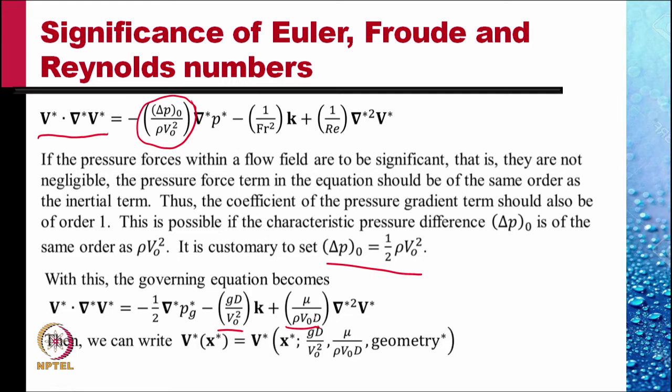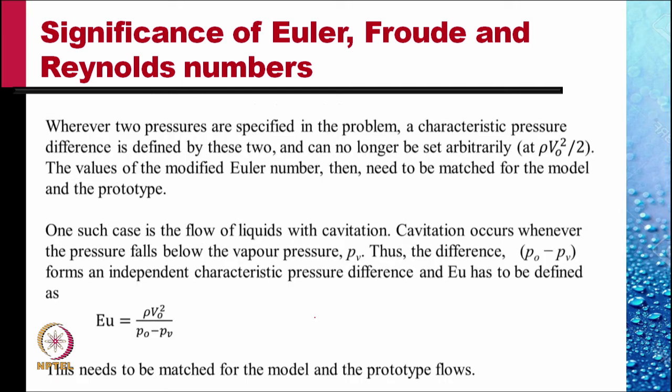Then we can write V star as a function of x star, the non-dimensional space point, and the parameters g D by V naught square and mu by rho V naught D, and the non-dimensional geometry.